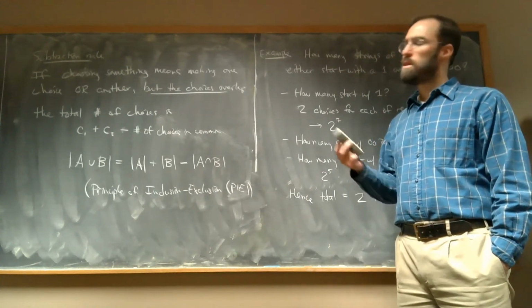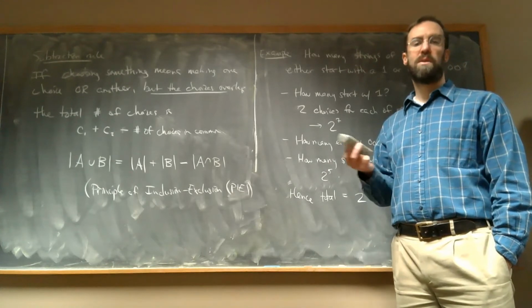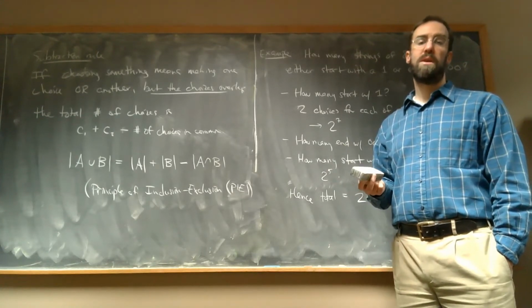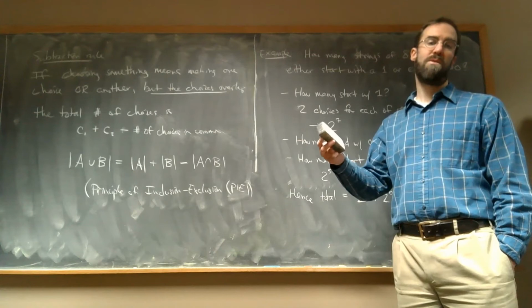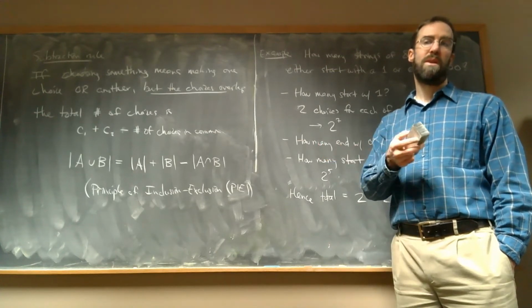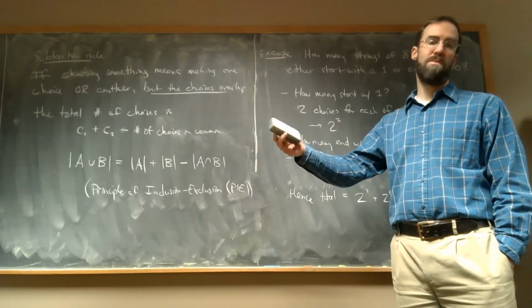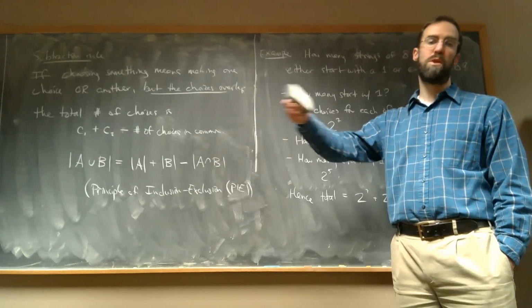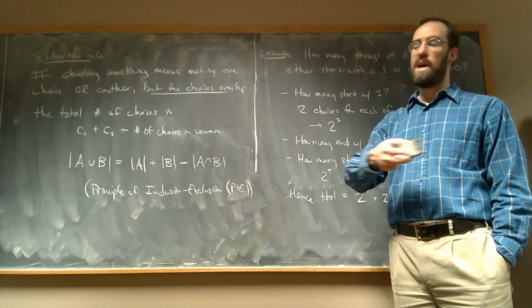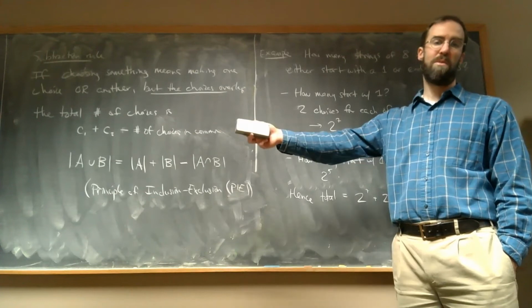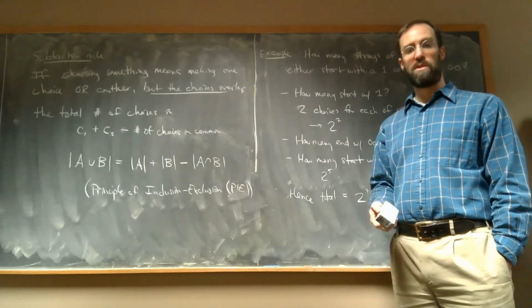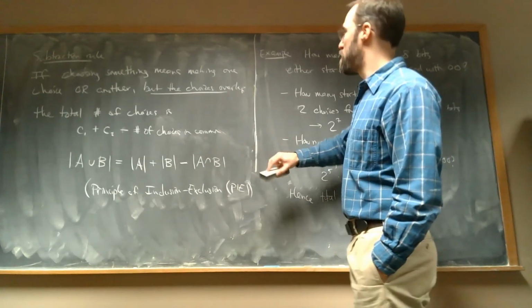And the sum rule, I didn't say this, but clearly it can be generalized as well: if I have n different choices and I get to make any one of them, and if none of them overlap, then we just add them all, and that's very easy. But what if they do overlap, if I have more than 2?